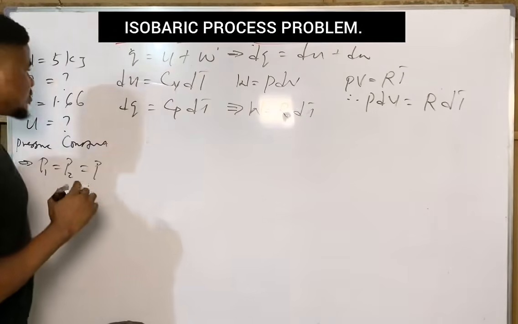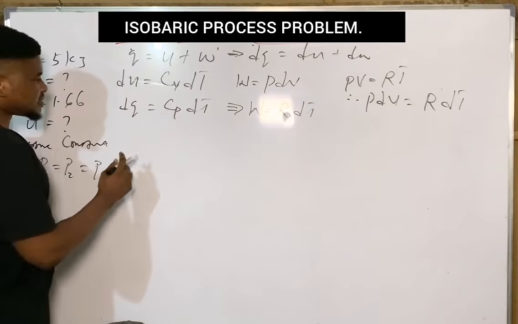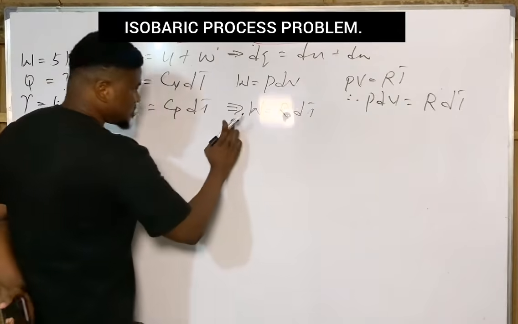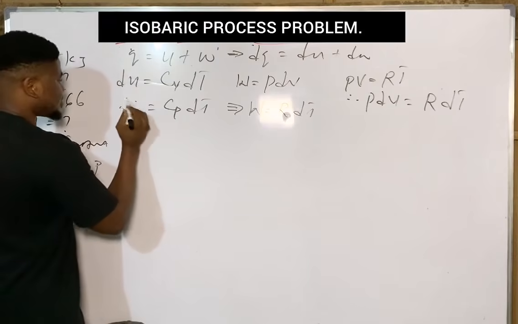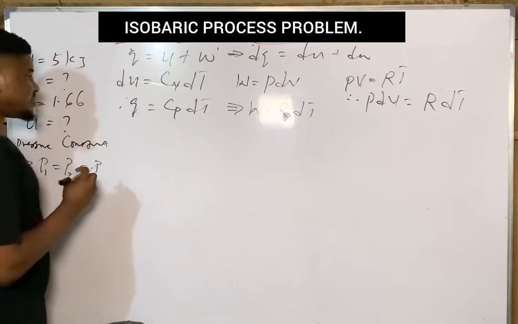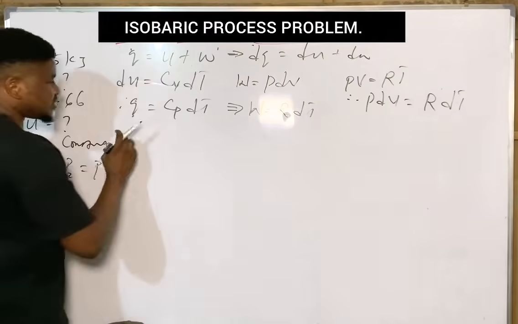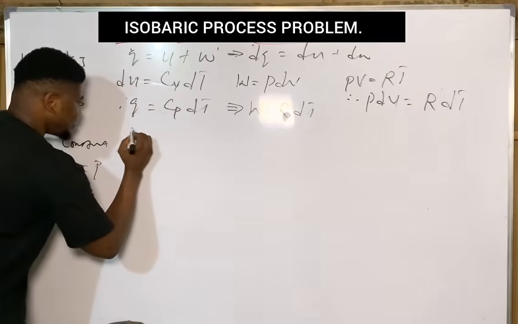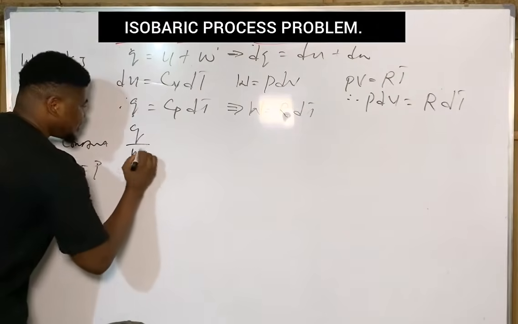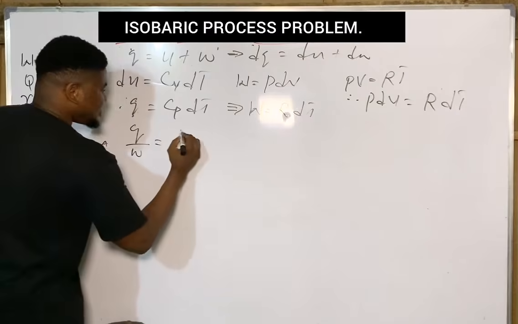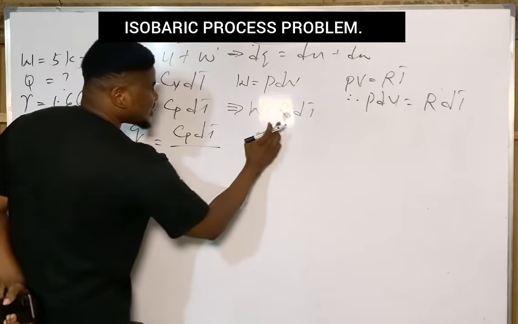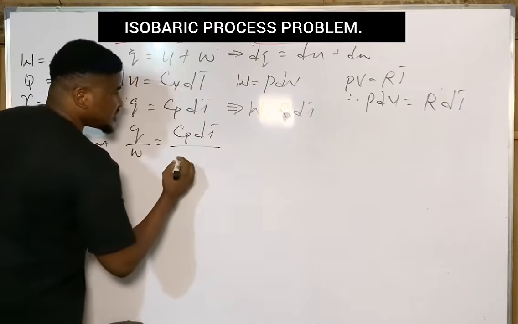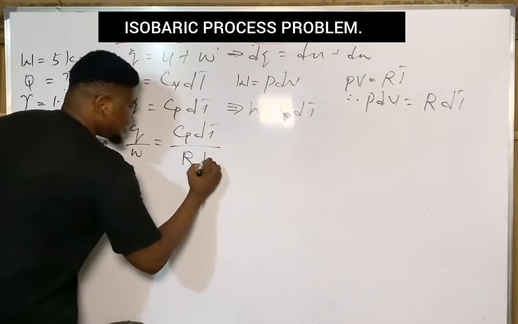Now this is what we are going to do. This is our heat equation, and this is our work equation. You can just call this Q to avoid ambiguity. Now let's find the ratio of heat and work. Q over W is equal to Cp dT all over R dT.